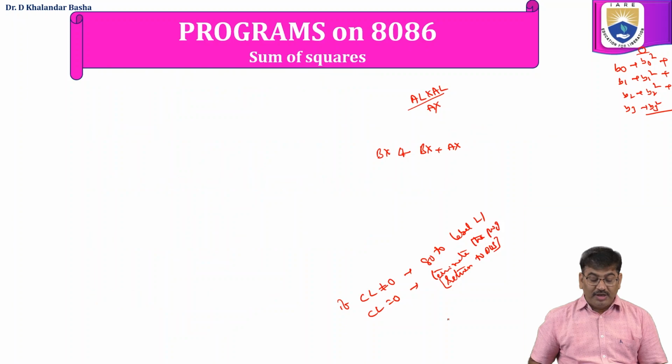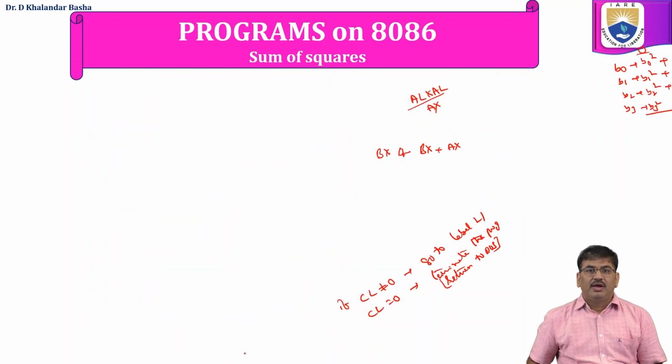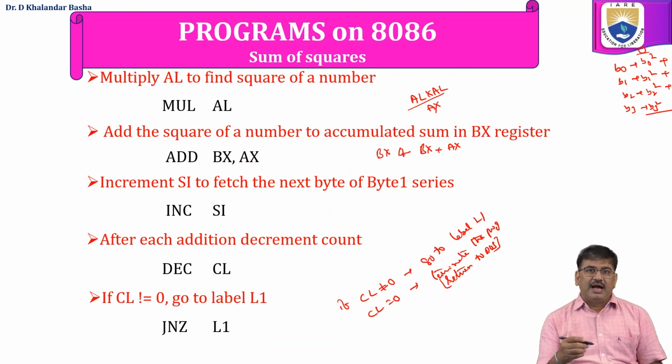L1 we have placed for fetching the data, that is MOV AL, [SI]. So this loop will be iterated until CL is equal to 0. Once CL is equal to 0, this loop will be terminated.